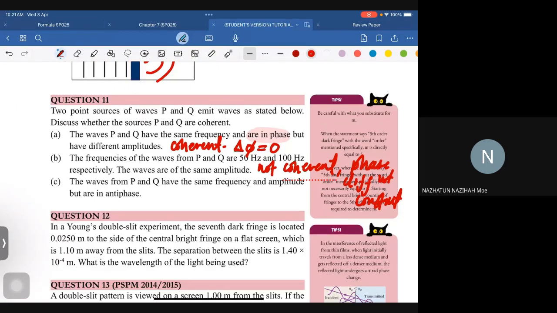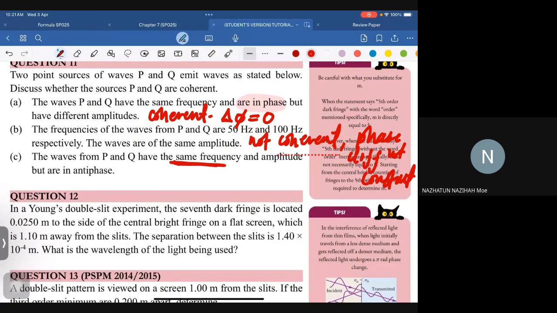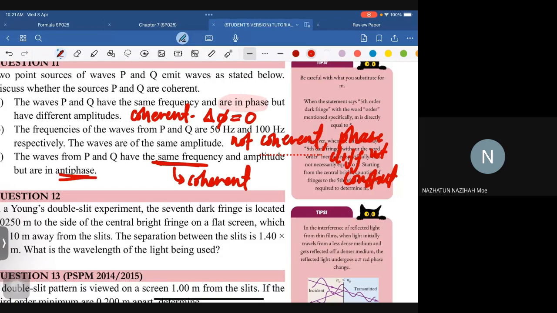And then the last one, the waves from P and Q have the same frequency. Same frequency, meaning the waves are coherent, and same amplitude, but are in antiphase. Antiphase meaning they have a constant phase difference, tapi dorang start differently.